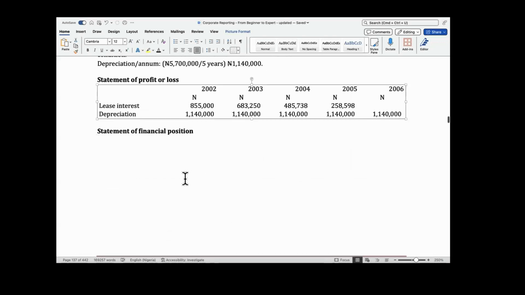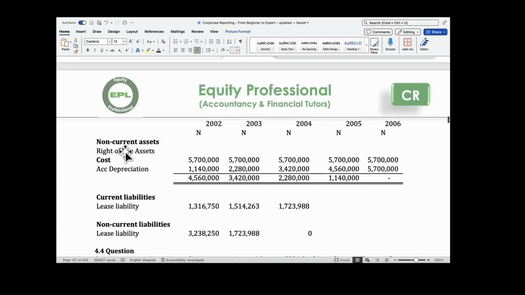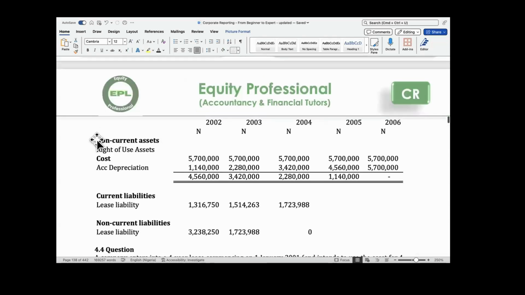Also, in the statement of financial position, under your non-current assets, you have your right of use asset. Knowing fully well that the cost we computed for the right of use asset was 5.7 million, you will see that the cost in year one, year two, year three, year four, year five, all through the life remains the cost.